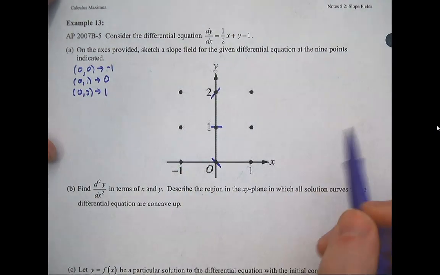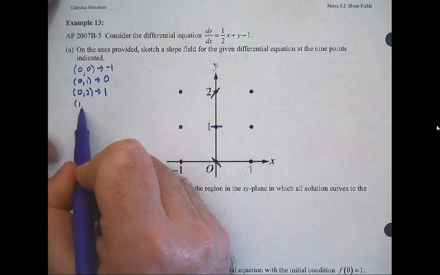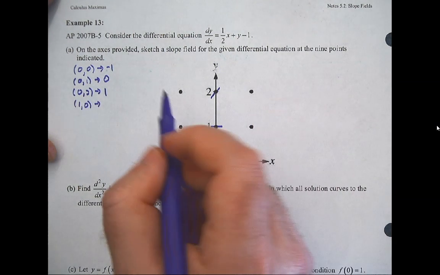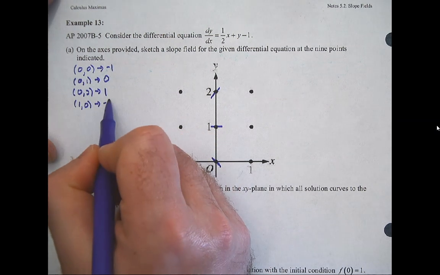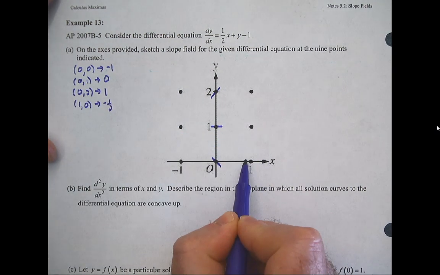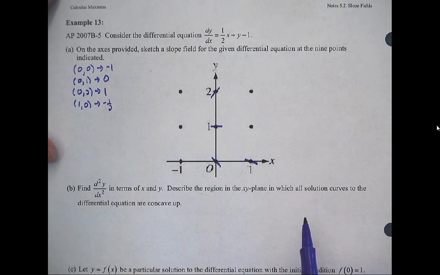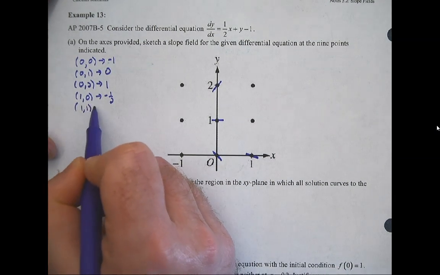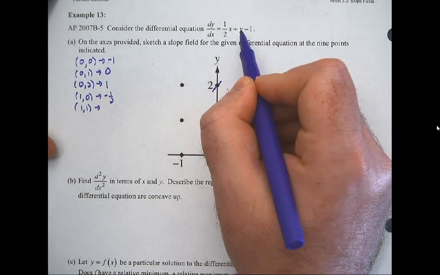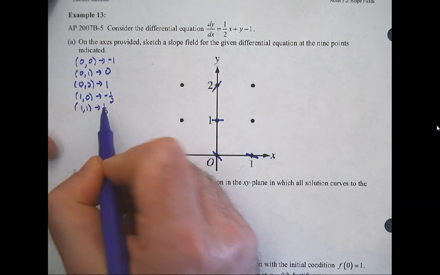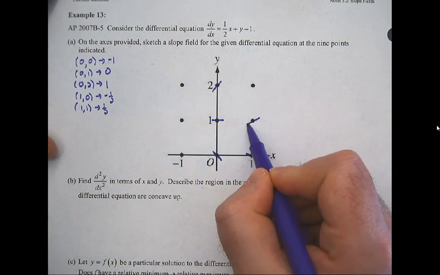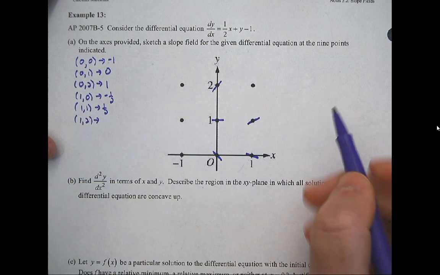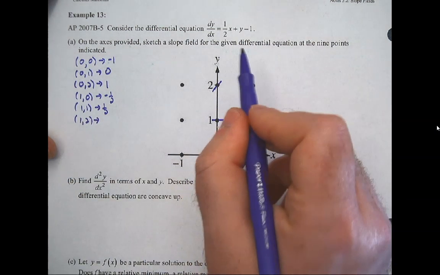That's what's more important. 1, 0, that would be 1/2, take away 1, which would be -1/2. So that would be -1/2, something a little bit more flat. 1, 1. That'd be 1/2. That'd be 1, that'd be 1/2, so a little bit less flat. 1, 2 would be 2 minus 1.